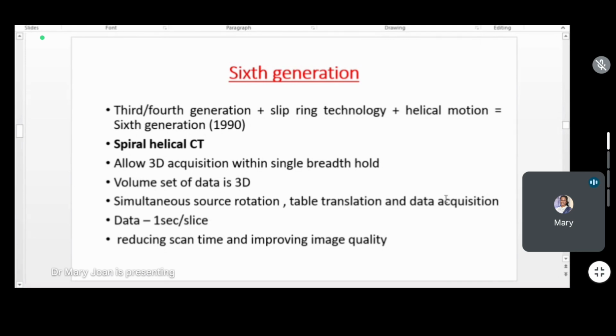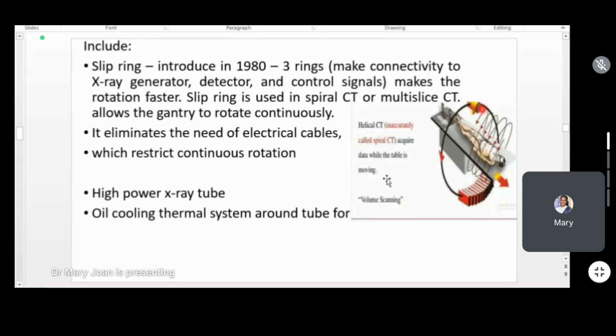For the data acquisition, it takes only 1 second per slice, reducing scan time and improving the image quality. And slip rings got introduced in the 80s; they make connectivity to the X-ray generator, detector and control signals, and make the rotation faster. Slip ring is used in spiral CT or multi-slice CT, and allows the gantry to rotate continuously.